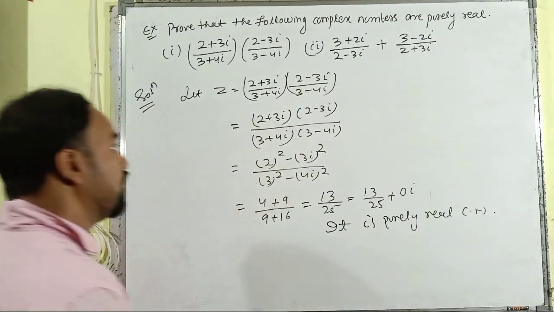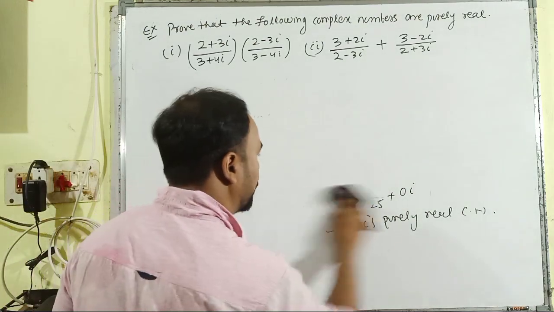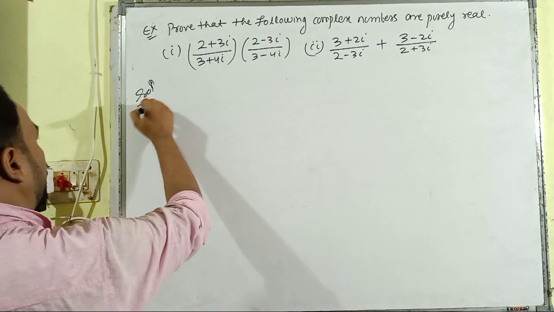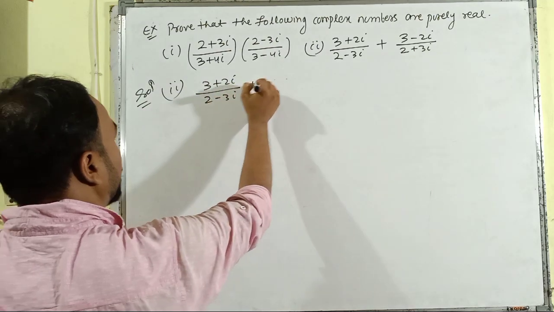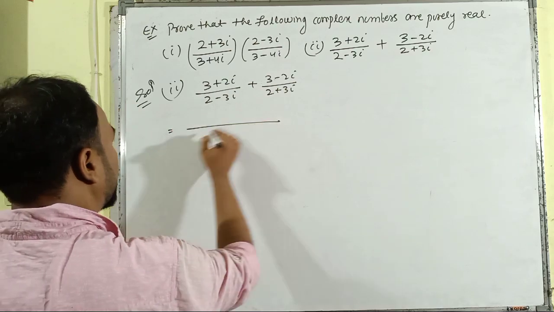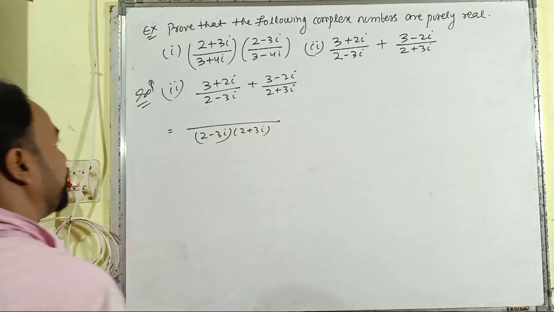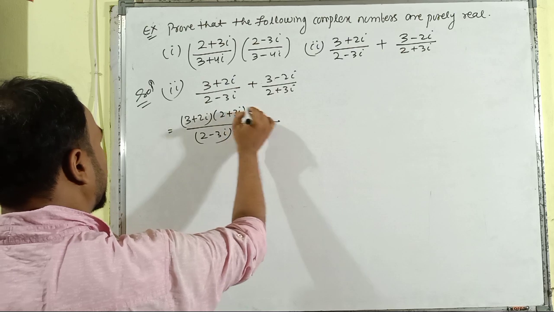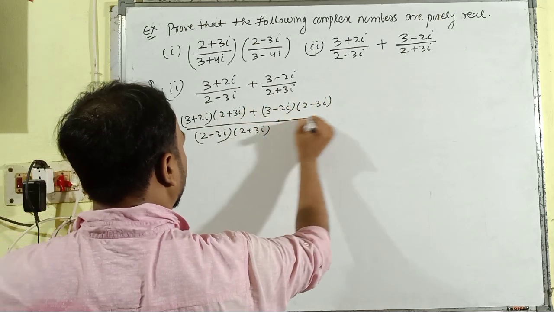Then let us move through the second part. (3 + 2i) divided by (2 - 3i) plus (3 - 2i) divided by (2 + 3i). Then taking the LCM, we have (2 - 3i) multiplied with (2 + 3i). Then (3 + 2i) multiplied with (2 + 3i) plus (3 - 2i) multiplied with (2 - 3i).